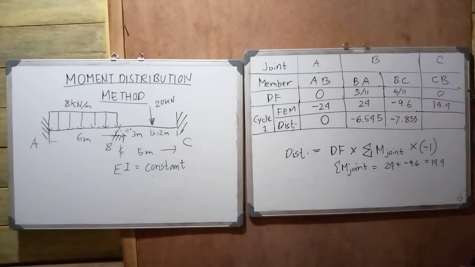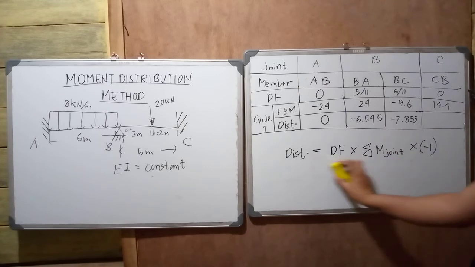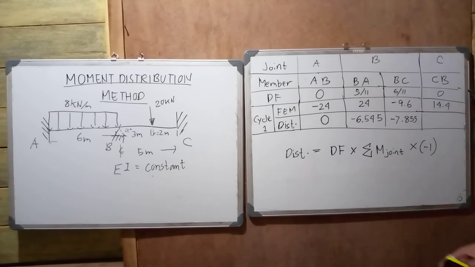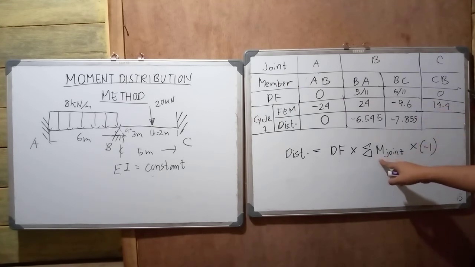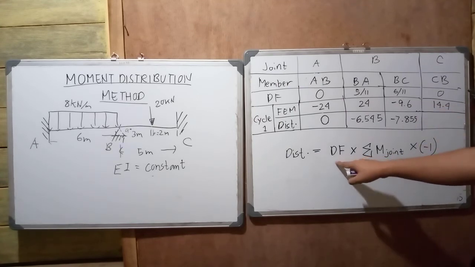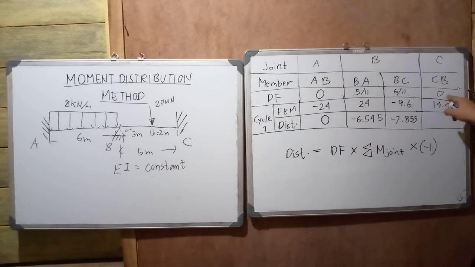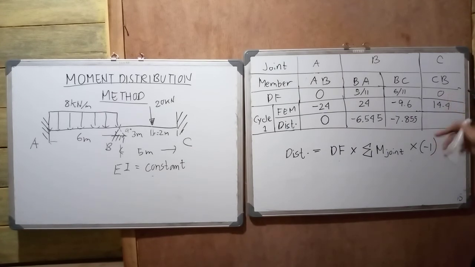Okay. So, dito kay DFCB, erase na natin to kasi tapos na natin yung gitnang joint. Isa lang yung member niya, which is CB. So, si 14.4 mo, i-times yung M joint mo. So, i-multiply mo siya kay DF, which is 0, kasi fixed nga eh. 0 times negative 1, so this is 0. Okay. So, that is cycle 1.